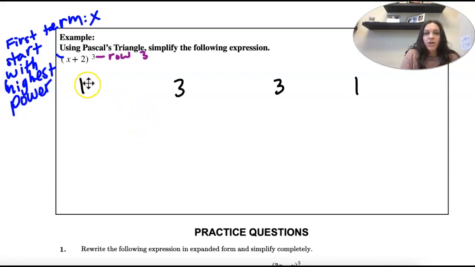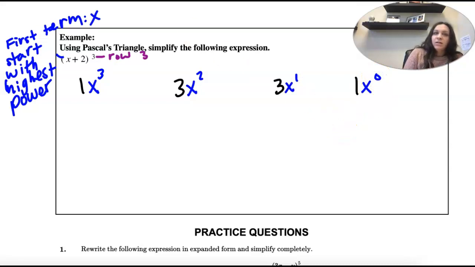I'm going to put x next to all of these coefficients. The highest degree is 3, so the powers go 3, 2, 1, 0. Now we're going to take our second term, which is 2, and we're going to start with the lowest power.